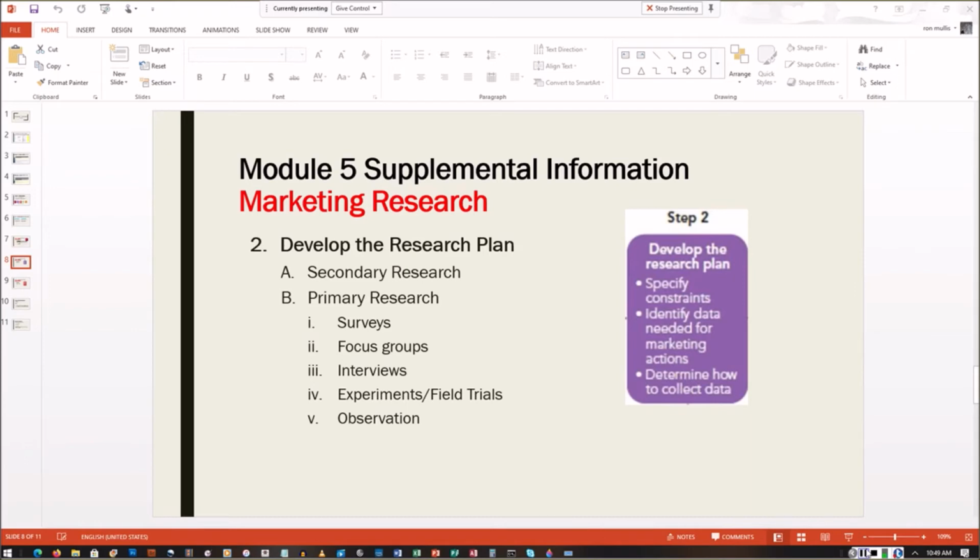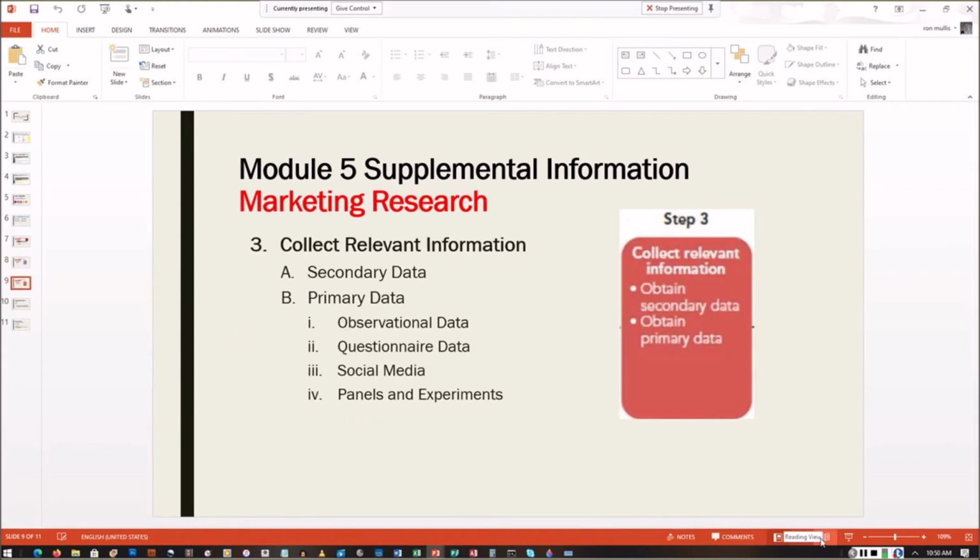The first one is the secondary research, which is data that was previously collected and analyzed by someone else. And then we have the primary data as well, which include things like surveys, focus groups, interviews, experiments, field trials, and observations.